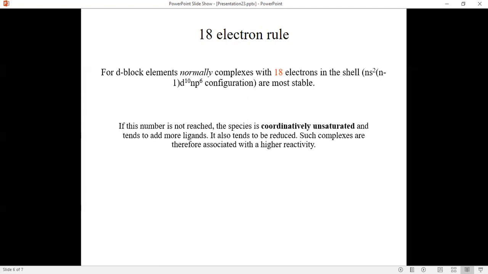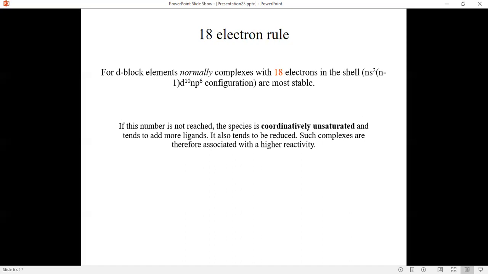If the number is not reached, then we say that the species is coordinatively unsaturated, and it tends to add more ligands. It also has a tendency to be reduced because also by reduction, it can get more electrons and reach the number 18. So those coordinatively unsaturated species are therefore associated with a higher reactivity.